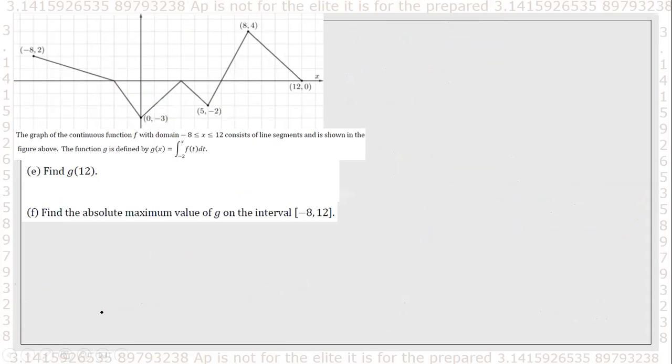Let's find the next one, G12. So not that bad. G12, just telling us from here to here. So it's asking you what is the area from -2, so from here all the way over here. Just keep in mind that you're gonna get some numbers here.